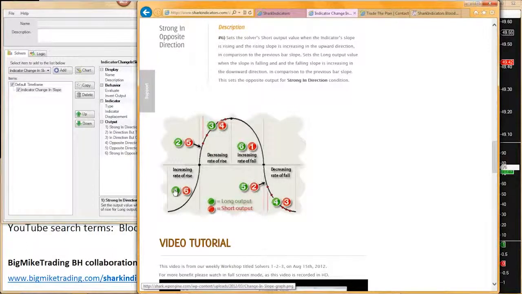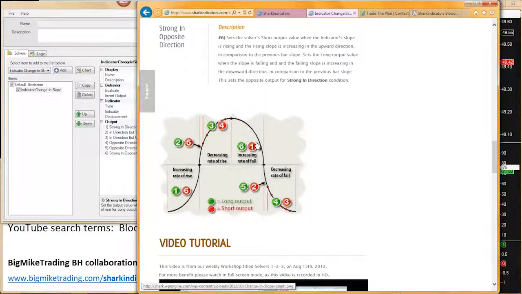Now for the short, you can see the red number 1 here. You'll get a short output when your indicator has rolled over and is starting to fall. When its rate of fall is increasing, you're going to get an output on the short side.